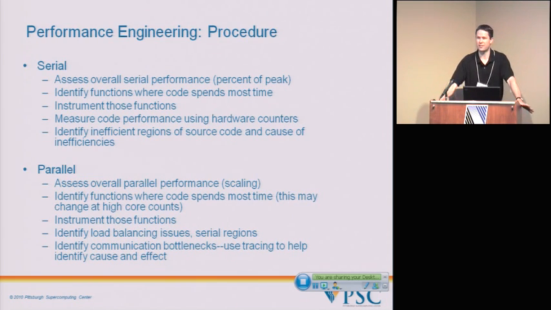Okay, so here's the outline of the general procedure, and I have sort of divided it up into looking at the performance in serial and the performance in parallel. And also, just to be clear again on this whole thing, we're not talking about, in general, what you do with just your purely serial code that you never thought about parallelizing.